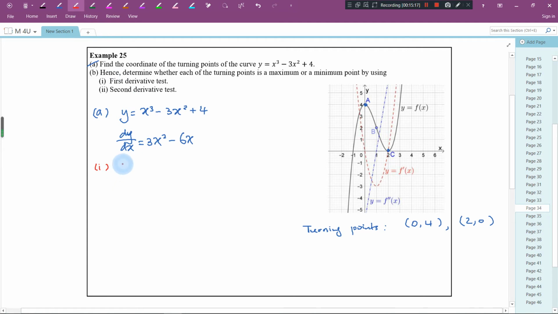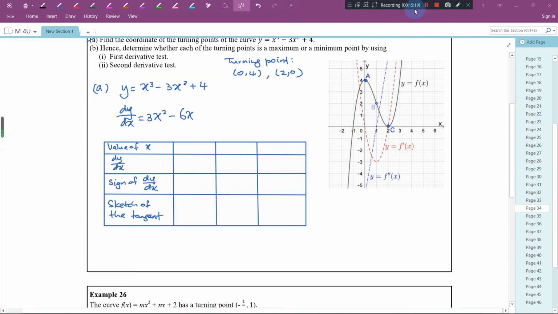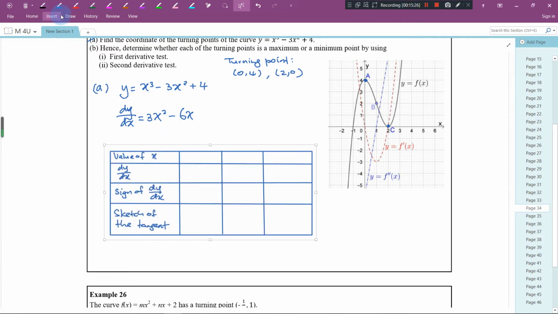So we need to draw a table. This is a table that you need to draw so that you can use the first derivative test to test whether the turning point is a maximum or minimum point. Let me test this point first, (0, 4).